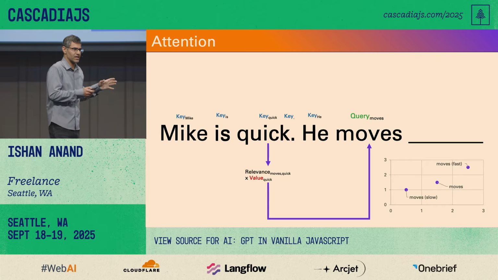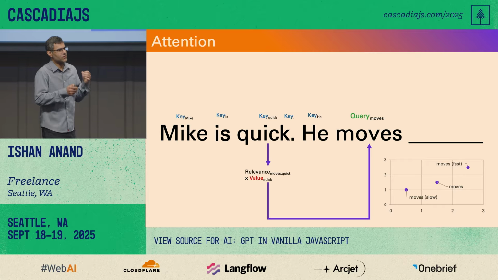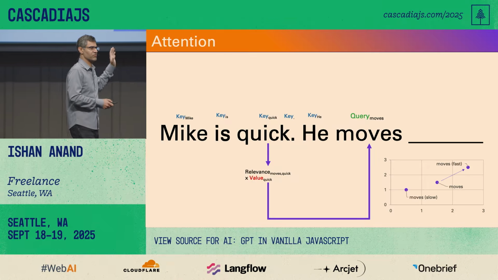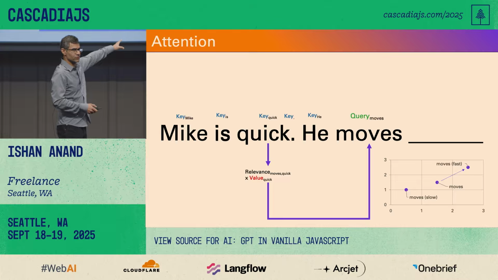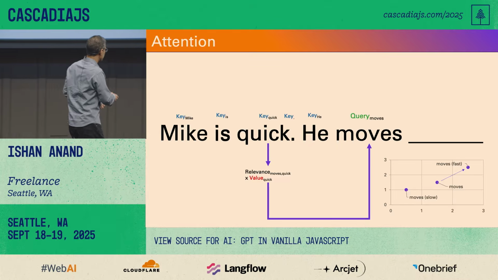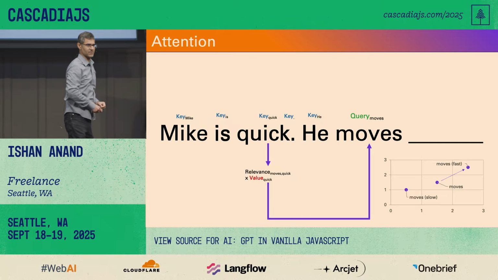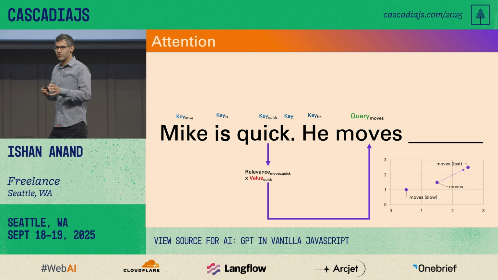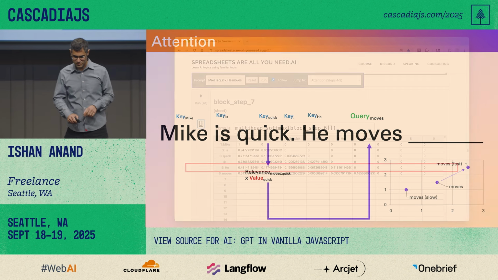So quick kind of gets intermixed into moves, and you can think of it conceptually as having the net effect of shifting the position of moves in our map from regular generic moves to, oh, this is the moves only in the context of fast. So that's how we've incorporated the context of the other words into the word we're looking at in its embedding.